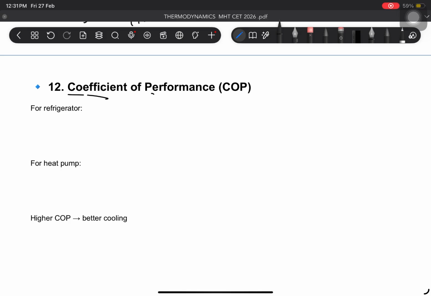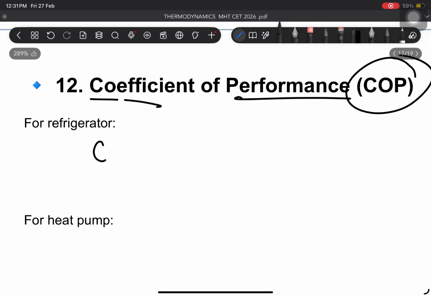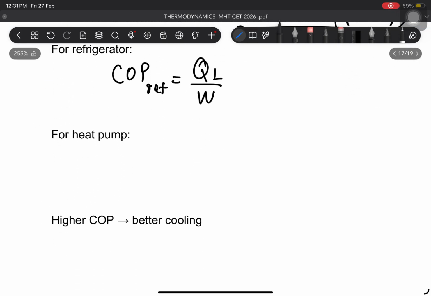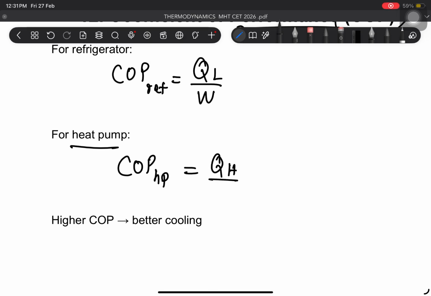Next, coefficient of performance, COP. For a refrigerator, COP is QL by W. For a heat pump, COP equals QH divided by W. The higher the COP, the better the cooling.